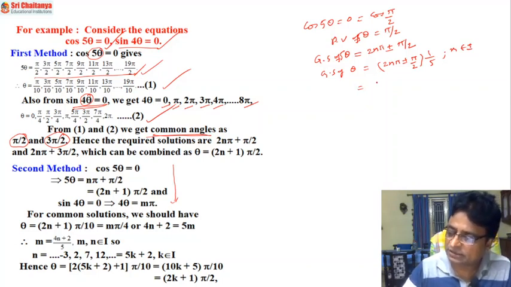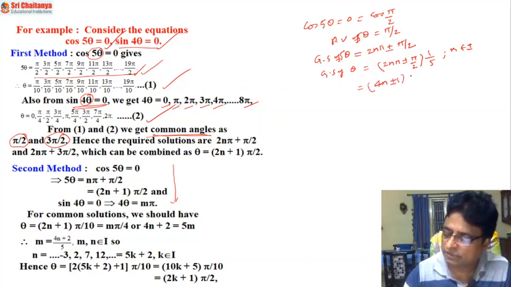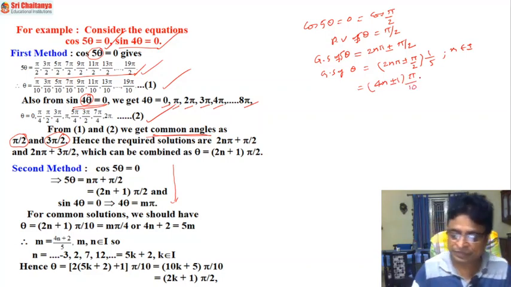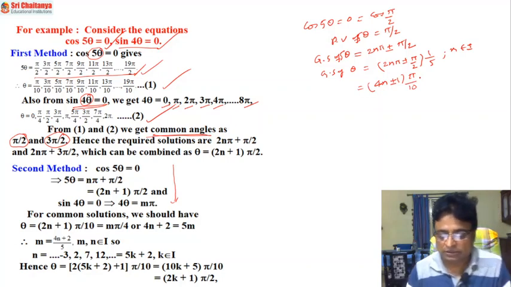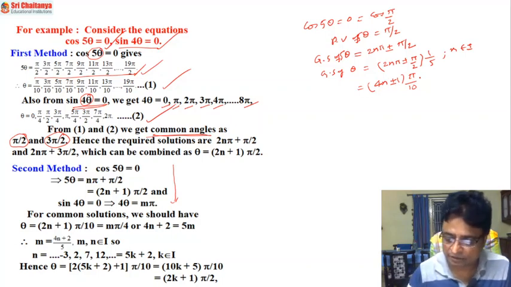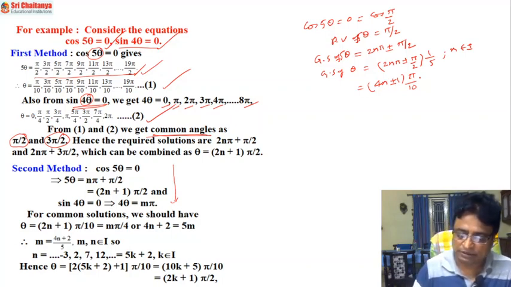This is 4n plus or minus 1 into pi by 10. I can write 4n plus or minus 1 into pi by 10. Okay? Yeah, that's right. Or I can do one thing. cos 5 theta becomes 0.